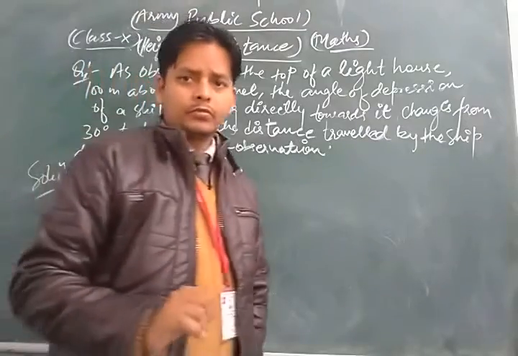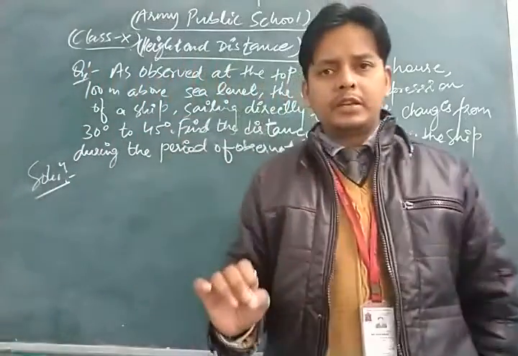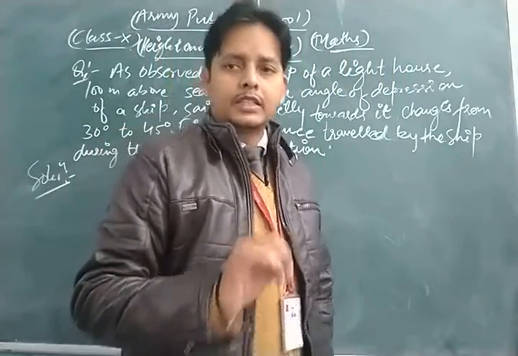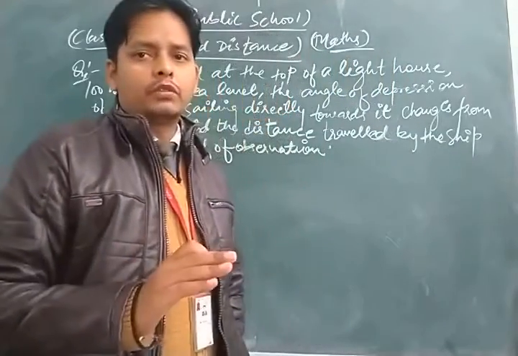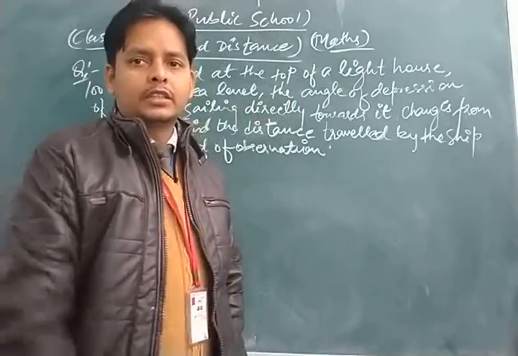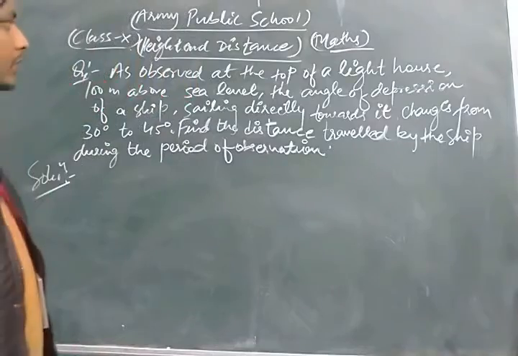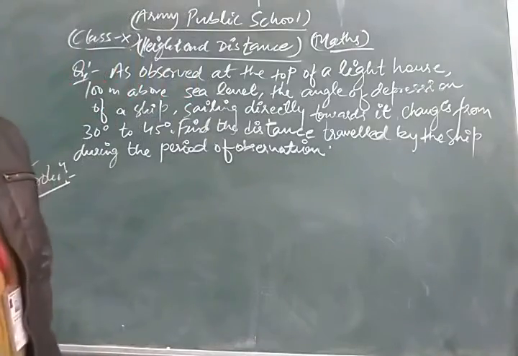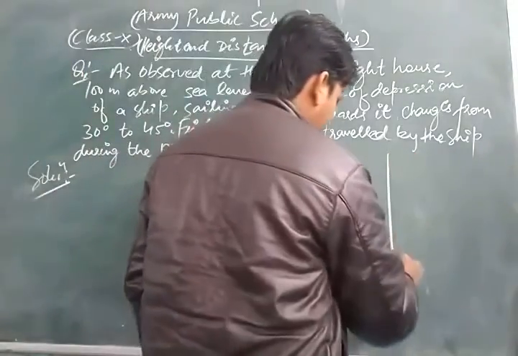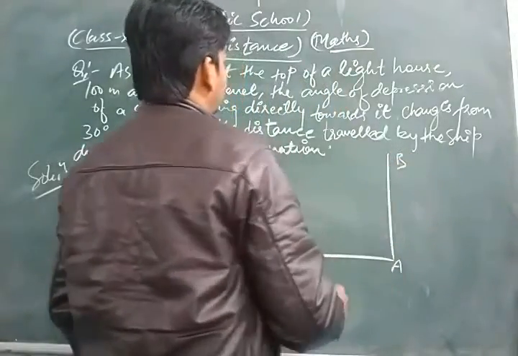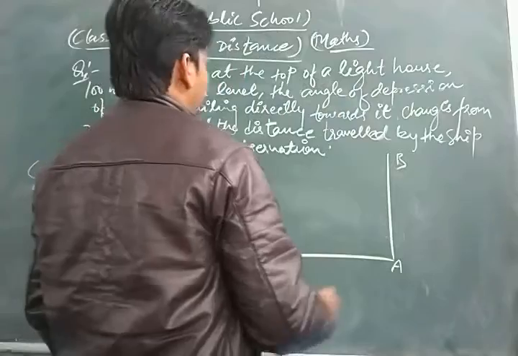Okay, dear friends, this is a very important question. Now let's see the steps to solve that question. First, as observed at the top of a lighthouse, let us take AB as the lighthouse 100 meter above the sea level.